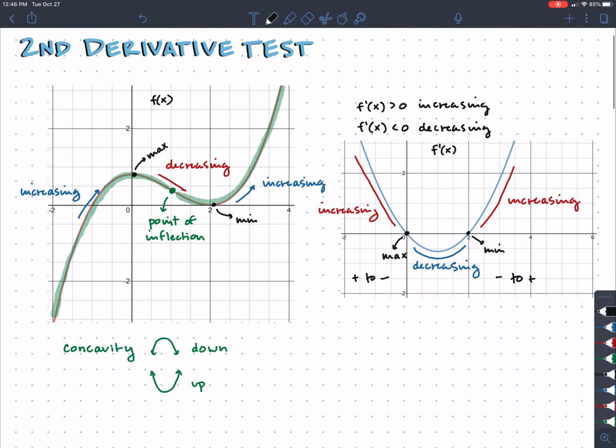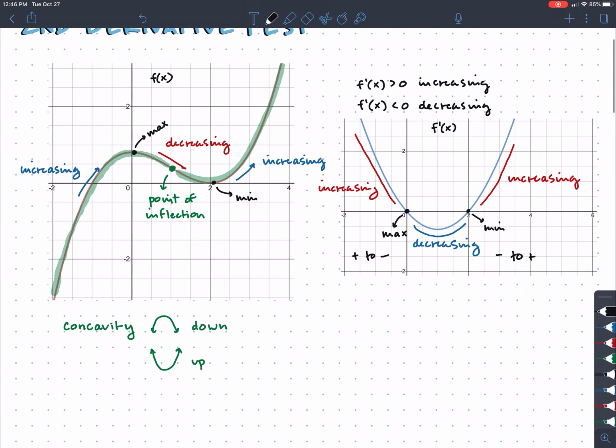So here's our official second derivative test. So the second derivative test says when the second derivative is greater than 0, f of x is concave up. And when the second derivative is less than 0, f of x is concave down.